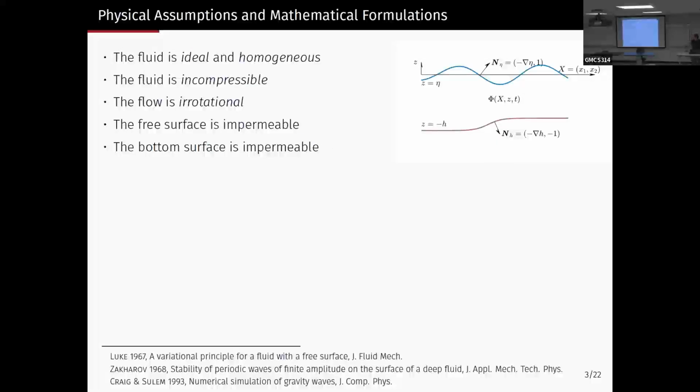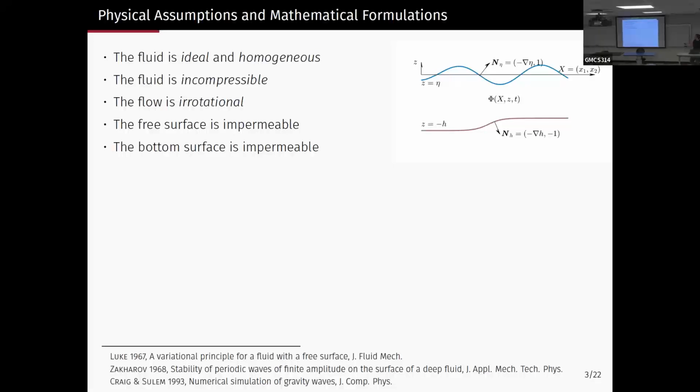So the physical assumptions are that our fluid is ideal and homogeneous, so density is constant, no viscosity, it's incompressible, and the flow is irrotational, so we neglect vorticity. Our free surface, eta, is the surface elevation.